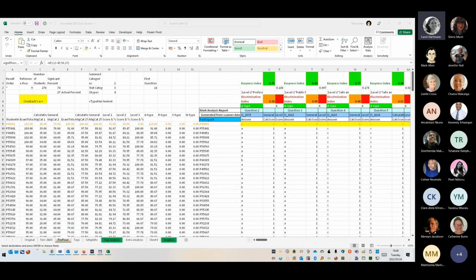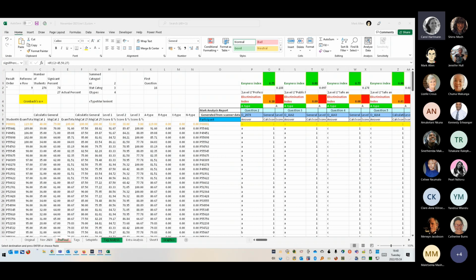And what I will quite frequently have is an 80% easiness index, but then the discrimination index is quite low. And to me, it's not discriminating because so many students are getting it right, with 80, 90 or 95% of students getting it right.